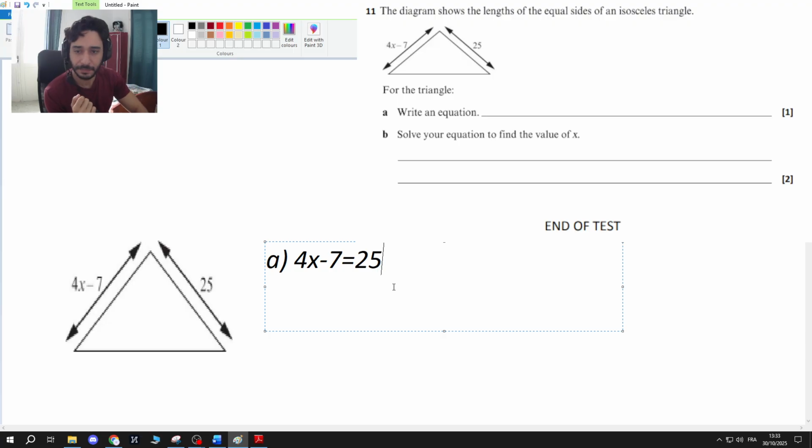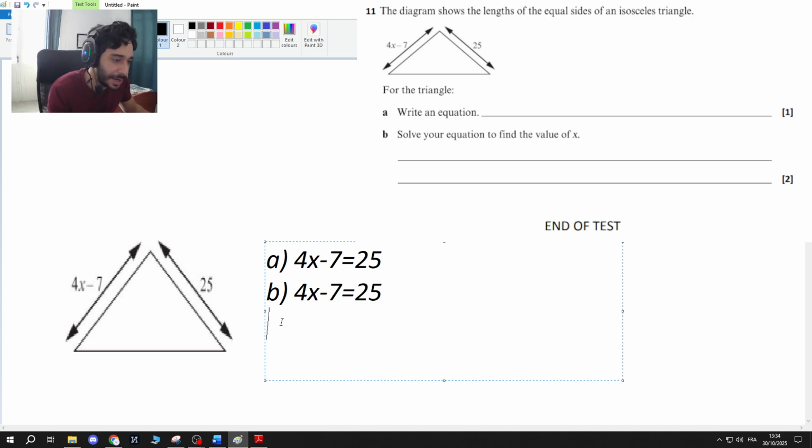Now, let's look at B. B is telling us to solve the equation that we just came up with. So let's do it together. On this side, we have 4x minus 7, and on the other side, we have 25. Now, before I take care of what's next to x, you have to remember this visualization.